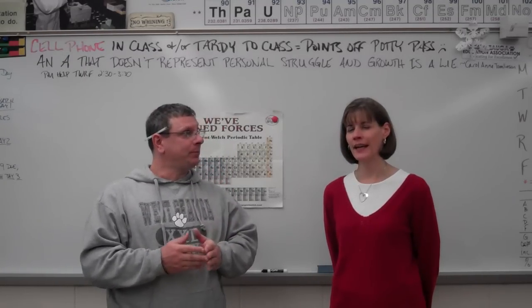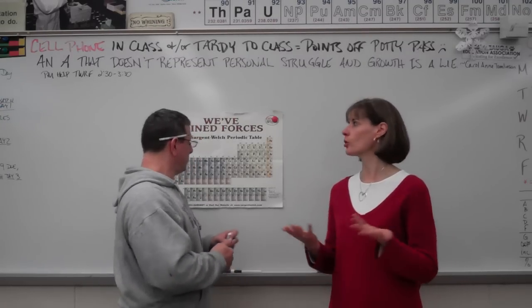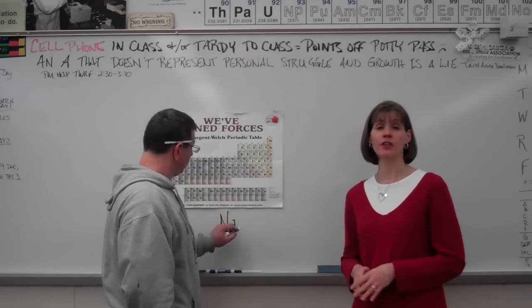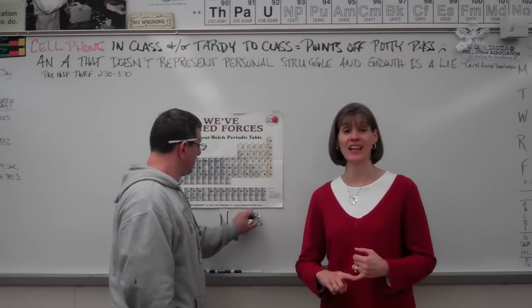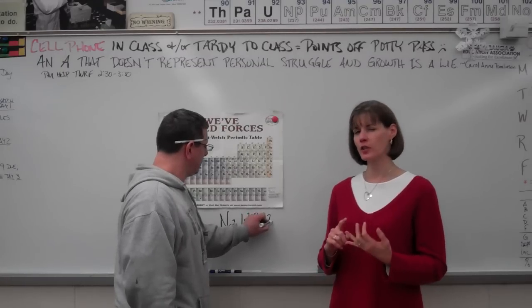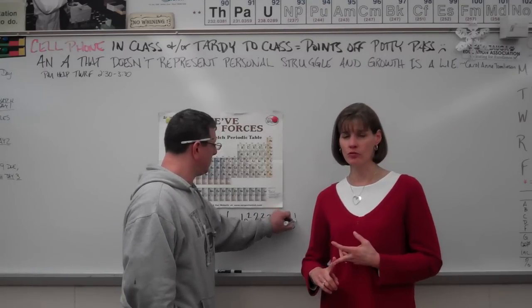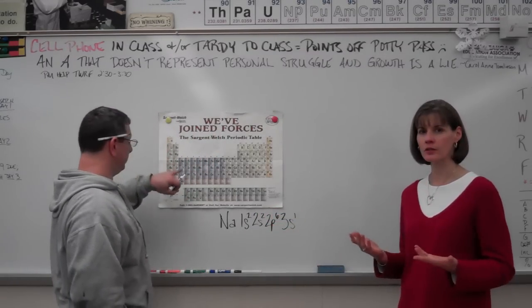So if we ask you about a specific element's ion, like the sodium ion, we know that the configuration of a sodium atom is 1s2, 2s2, 2p6, 3s1. We know that sodium is a metal. We know that metals want to lose valence electrons to become ions. And, Mr. Sustin, what's it going to lose?